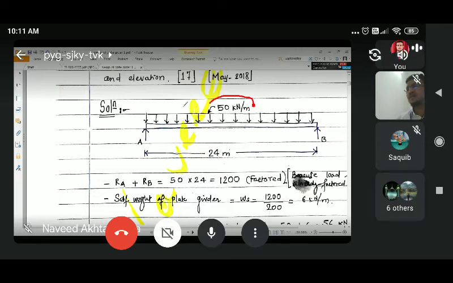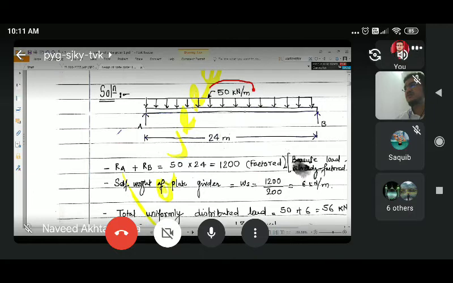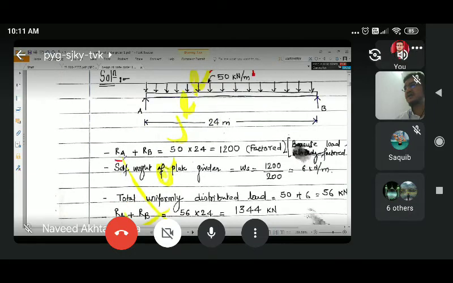If it is given in an exam, that also is incorporated. But here only the UDL is given. Then you know that the reaction at both supports will be equal due to symmetry and the uniformly distributed load. The factored load on the member is 1200 kilonewton.